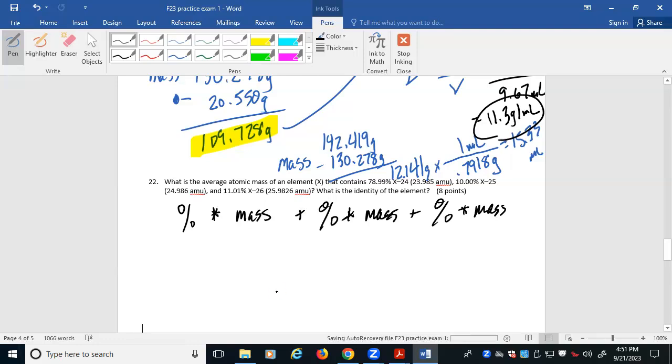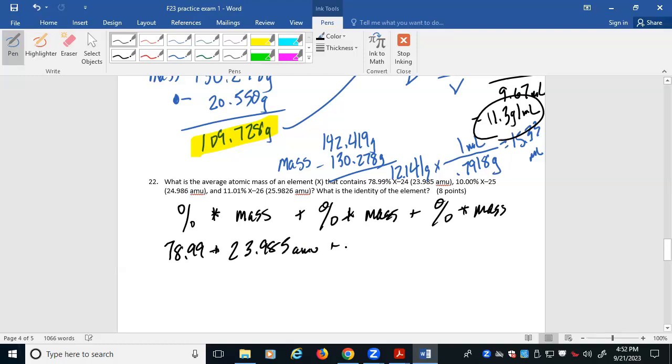So if you're familiar with the mathematical weighted average, this is basically a weighted average. So I would take my first percent, 78.99, and multiply it by the mass, 23.985 AMUs.